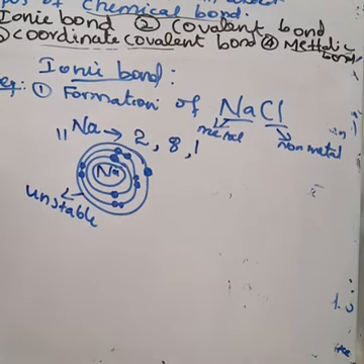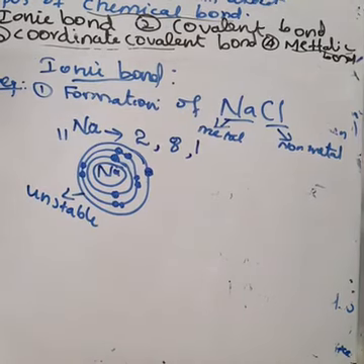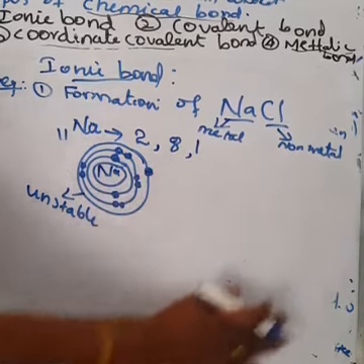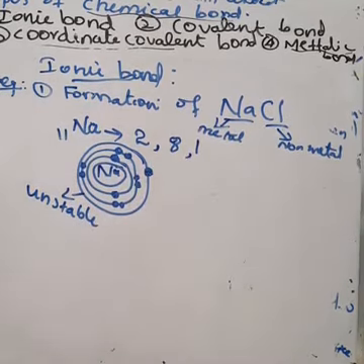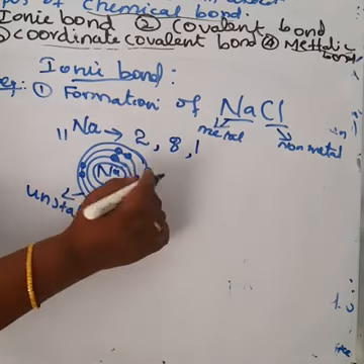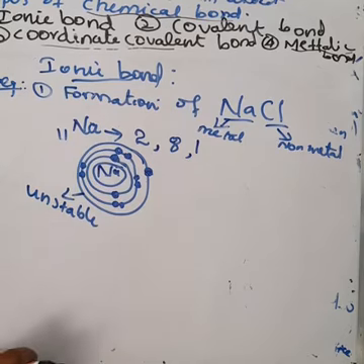Sodium atom gets stable by transferring this 1 valence electron to another atom. Then the sodium atom gets stable and forms the sodium ion, a cation. Now the neutral sodium atom is not stable, because there is only 1 electron in the outermost orbit.